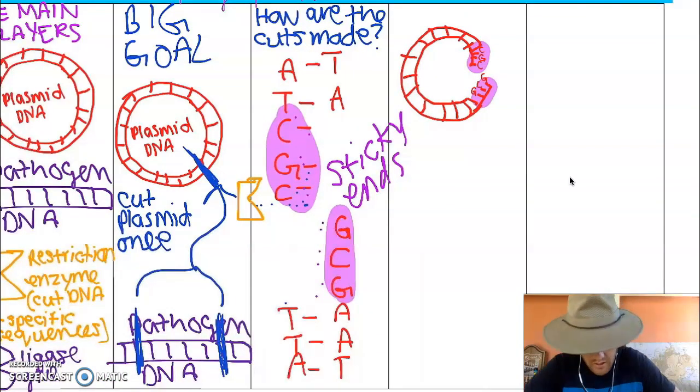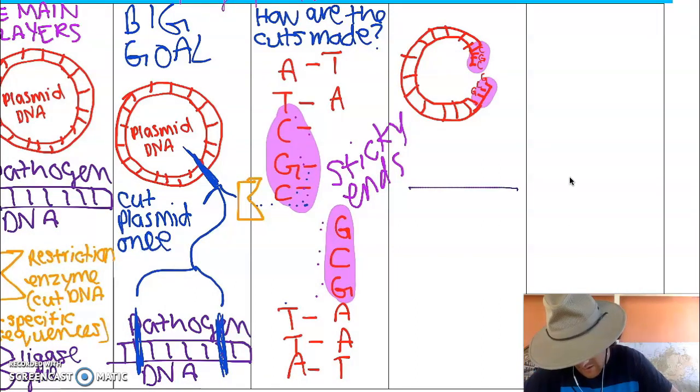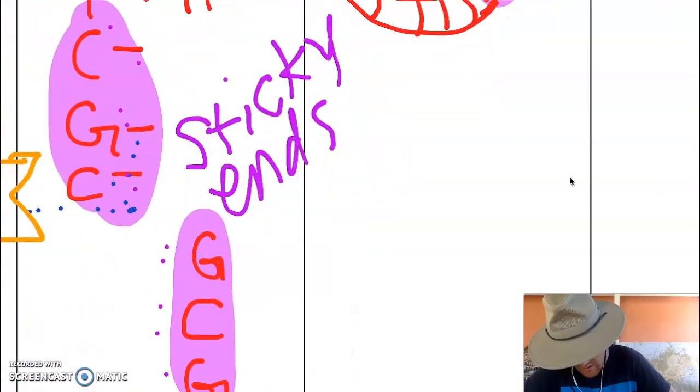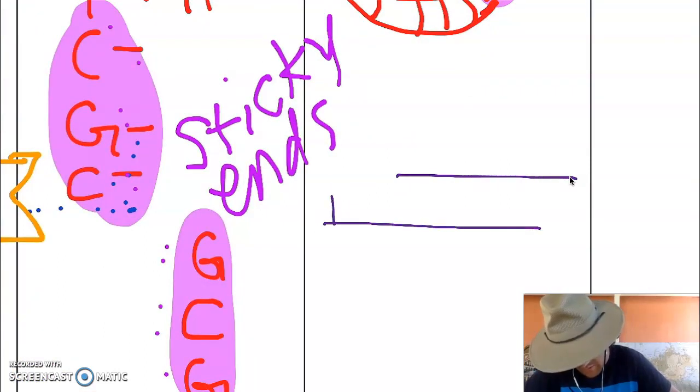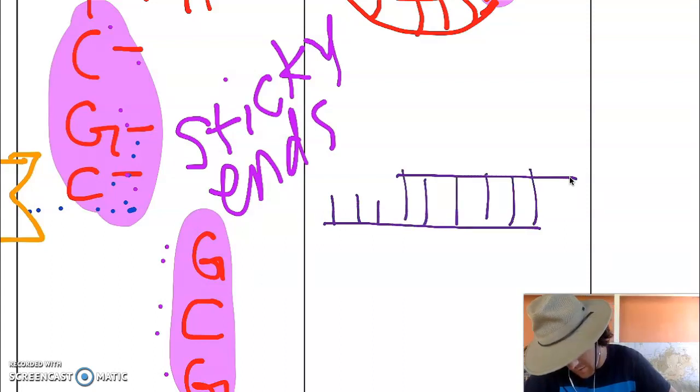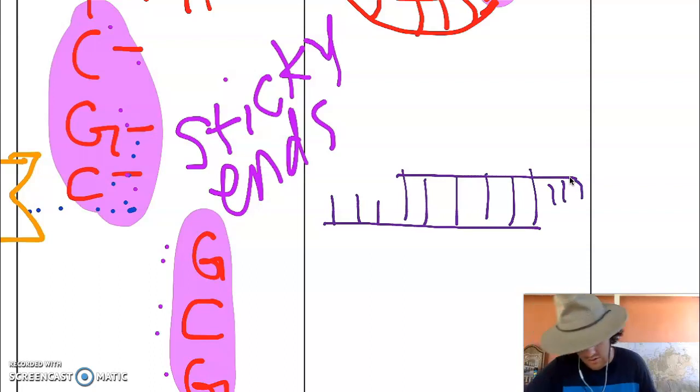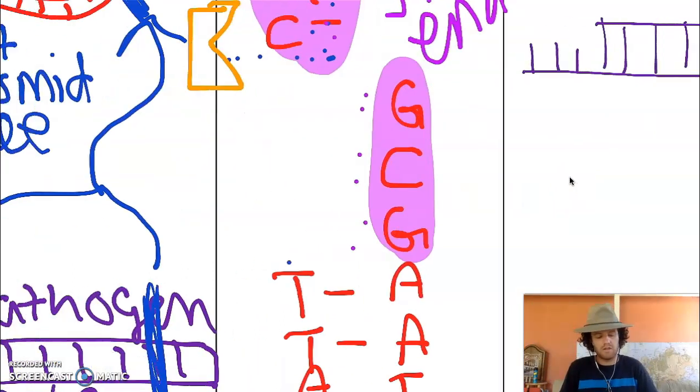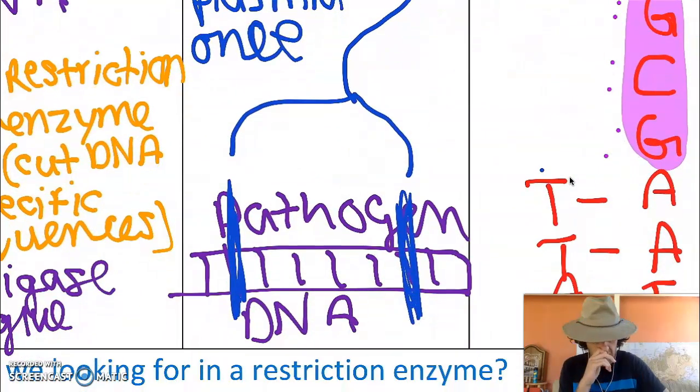Now let's also draw my pathogen DNA once it has been cut. Once my pathogen DNA has been cut on both ends, there should be sticky ends exposed on both ends, because let's look back at our pathogen DNA.